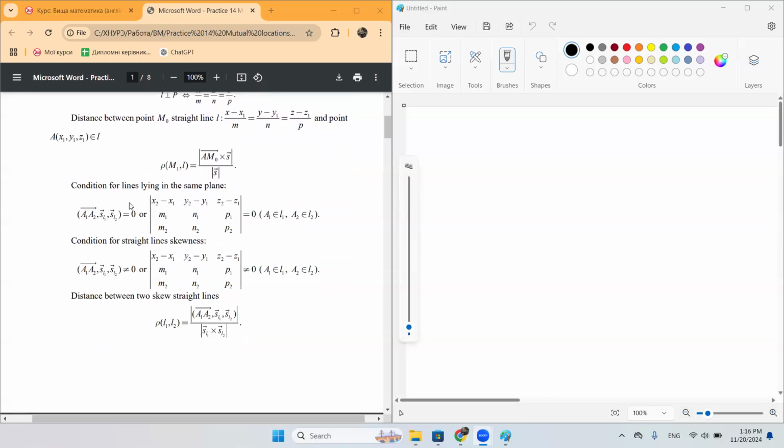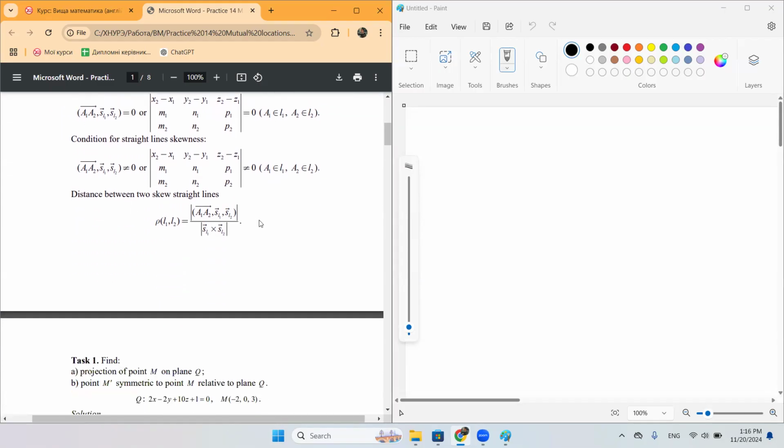And again, reminding you the condition for lines lying in the same plane. So direction vectors and the vector based on points that belong to these straight lines must be coplanar, and that's its condition.